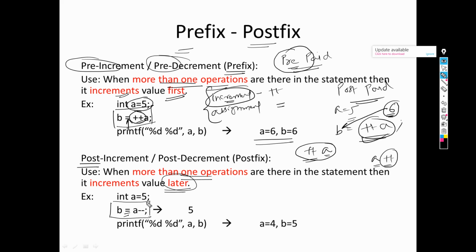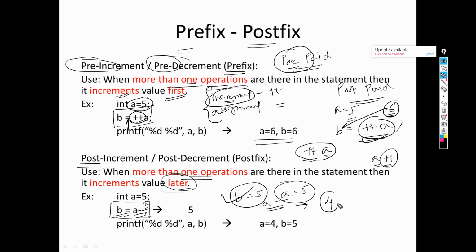So whatever the value of a, what is the value of a? So the value of a is 5. So that value of a will be given to b. It means that b equals to 5. So the assignment operation is completed first and then this a-- is performed. Then a-- is performed and it decrements the value of a by 1.